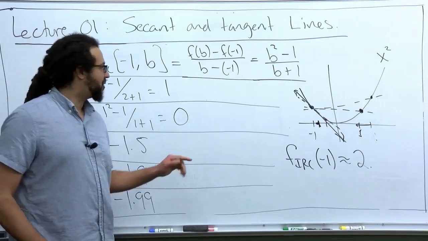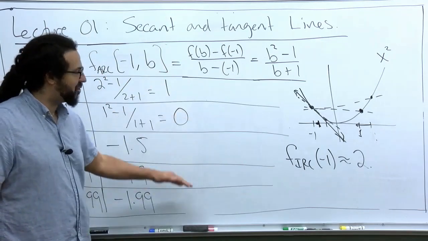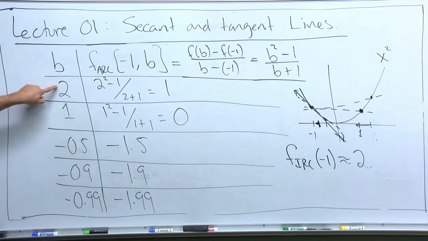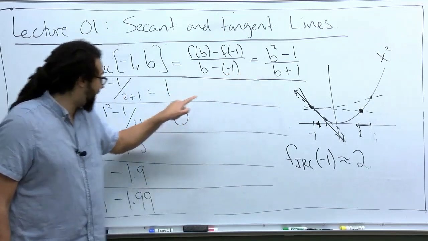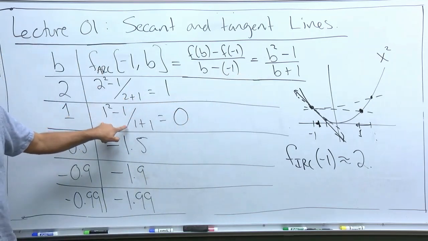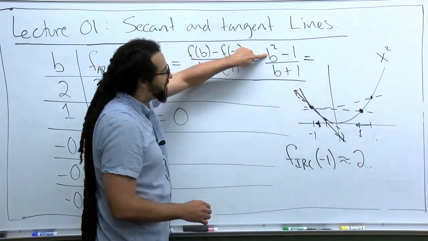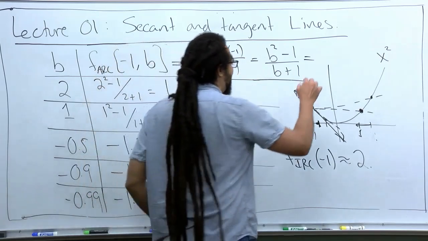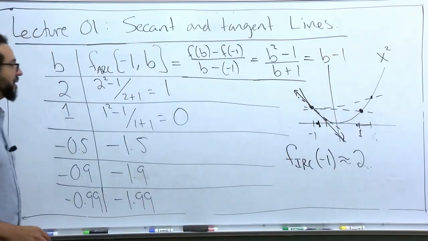Just a side note on computing these quantities using a calculator. We could take the value for b and plug it directly into this thing. That's what I did here in the first 2. But notice here you can factor the numerator and cancel the term in the denominator, and here we would get b minus 1.